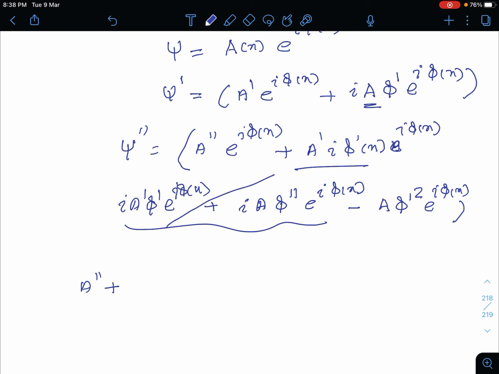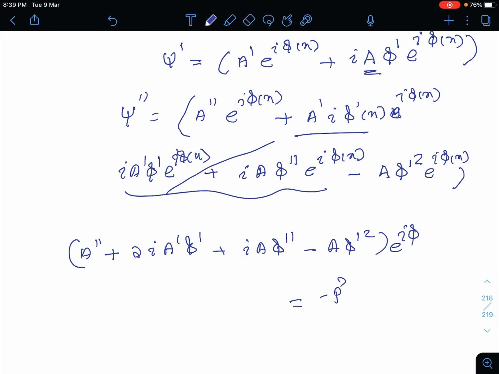So I can now write 2i a dash phi dash, plus i a phi double dash, minus a phi dash square, all into e raised to i phi.